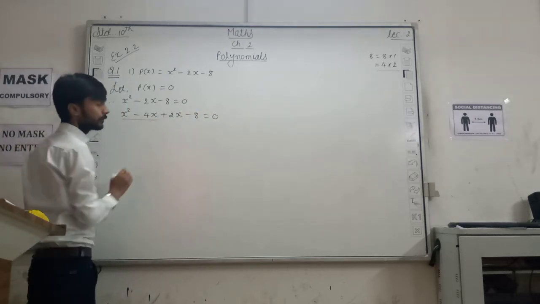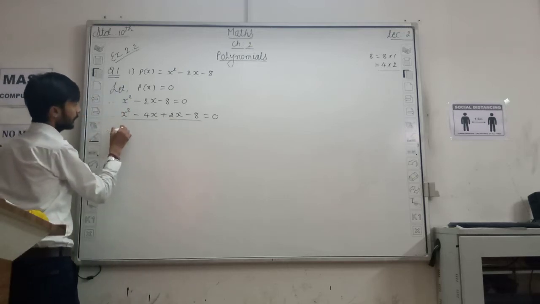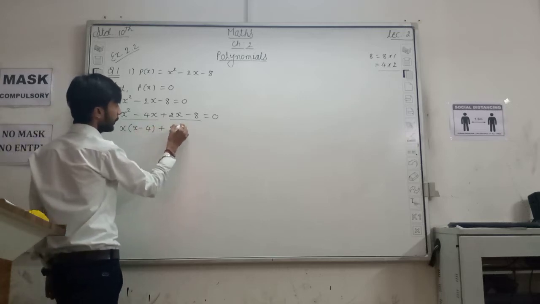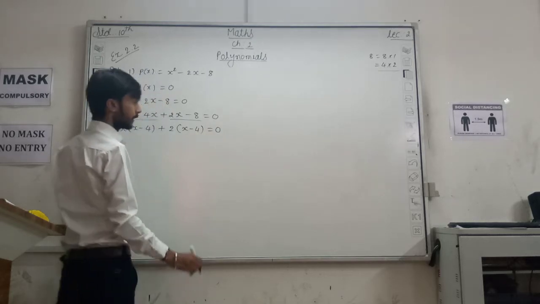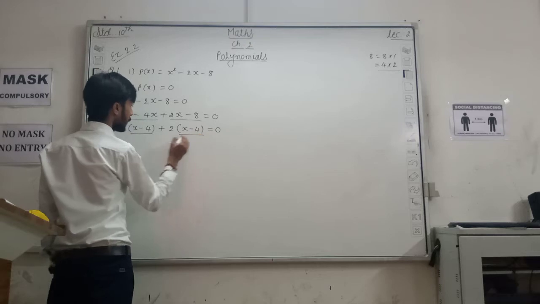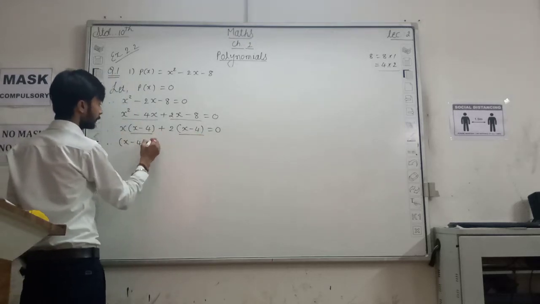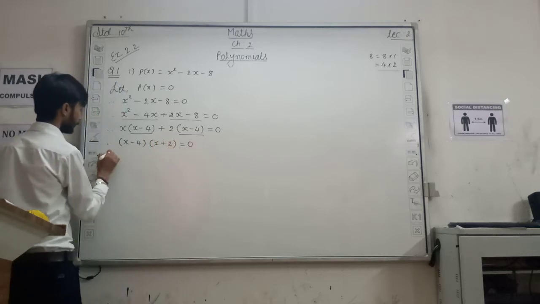Now take common from these two terms by parts. x common in the bracket: x minus 4, plus 2 common: x minus 4, equals 0. Therefore x minus 4 common: x minus 4 times x plus 2 equals 0.